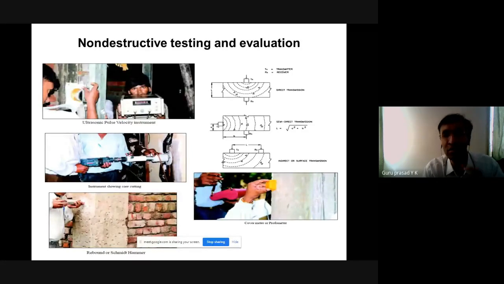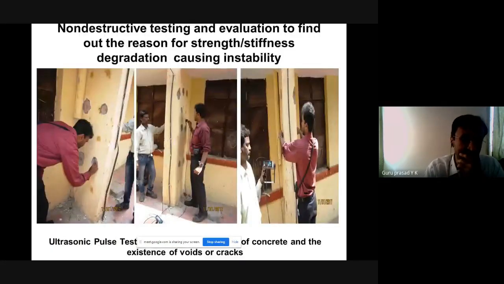So this is one of the buildings which I had gone for assessment. I had gone through a program which was provided for a faculty internship.